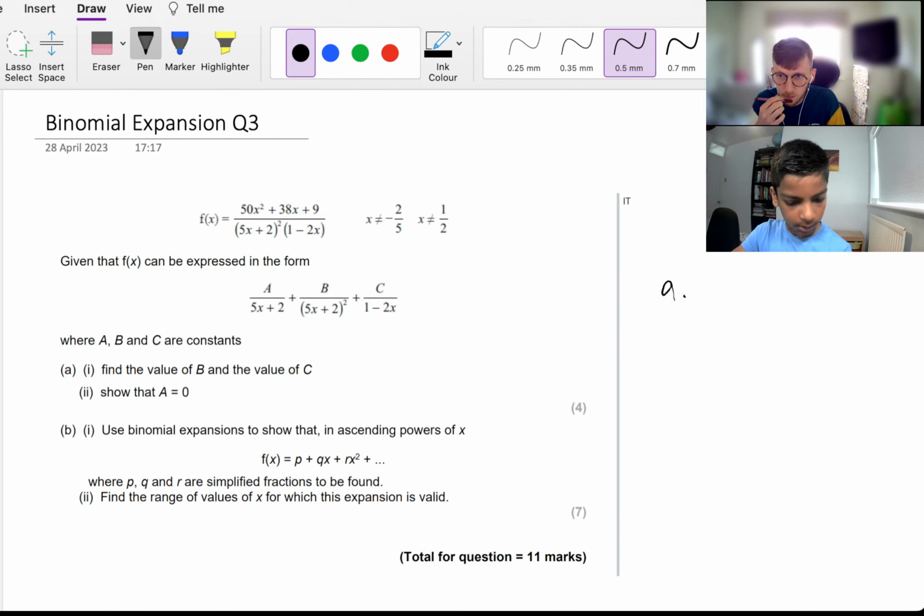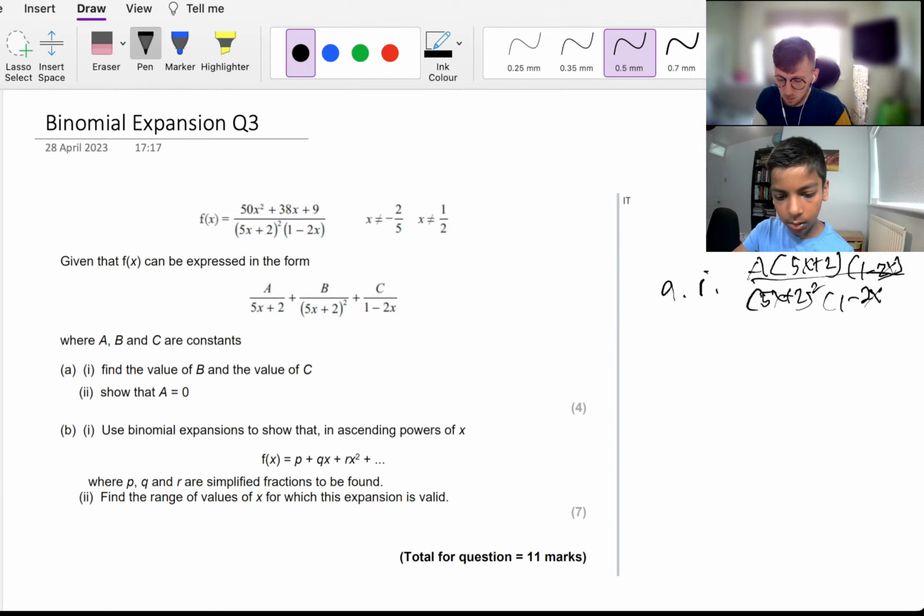So what we can do is, it's just partial fractions, so we have to use partial fractions. So it's a times 5x plus 2 times 1 minus 2x. So we're converting each fraction to have the same denominator, 5x plus 2 squared times 1 minus 2x.